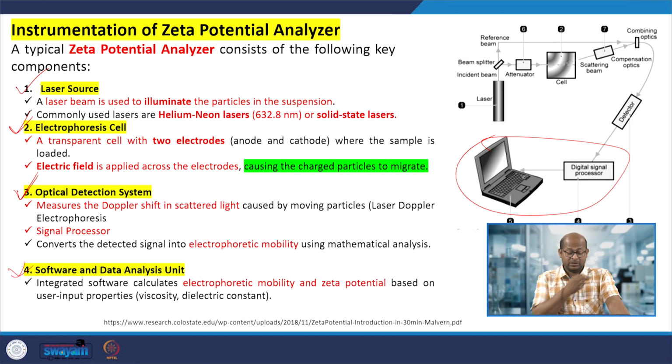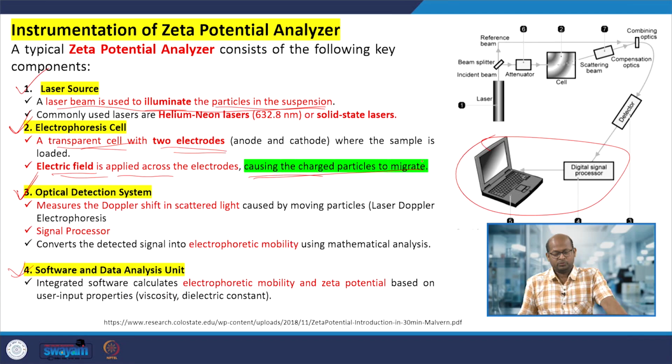So the laser source beam is used to illuminate the particles that are present in the solution. Okay. The electrophoresis cell is a transparent cell with two electrodes, and when an electric field is applied, the particles move from one point to another, and we can measure that movement by the Doppler shift in scattered light.